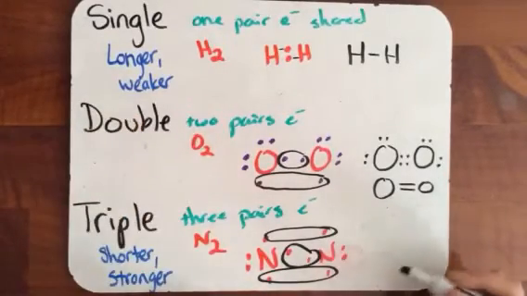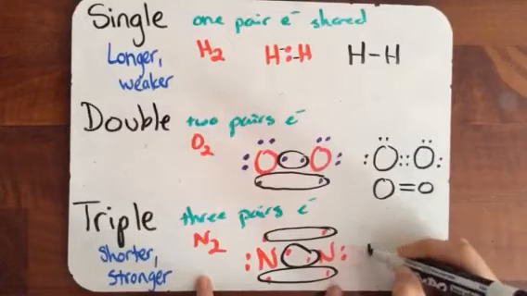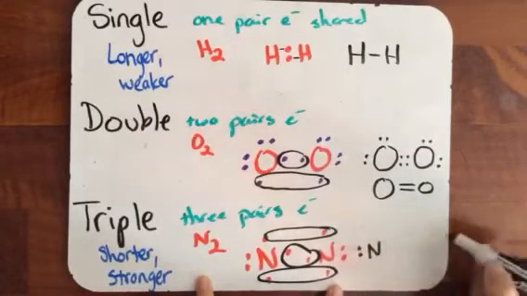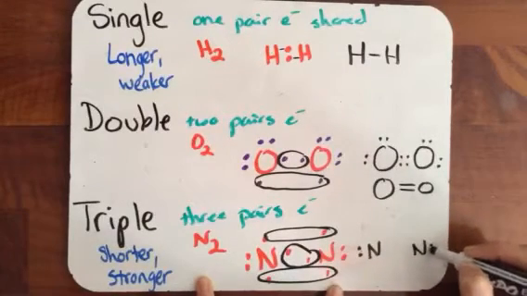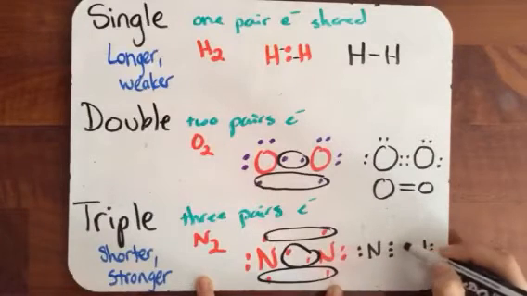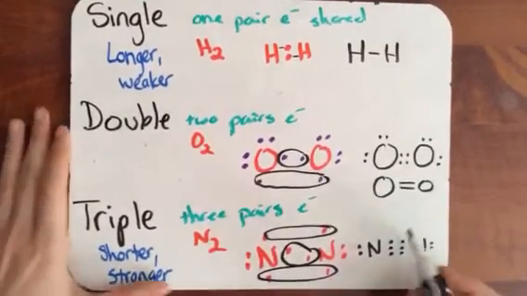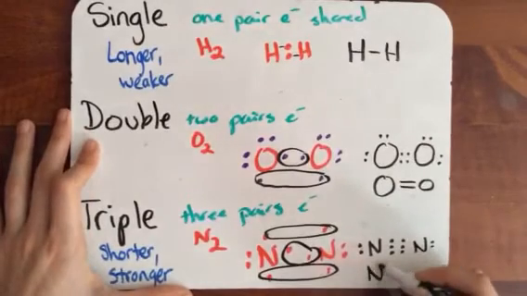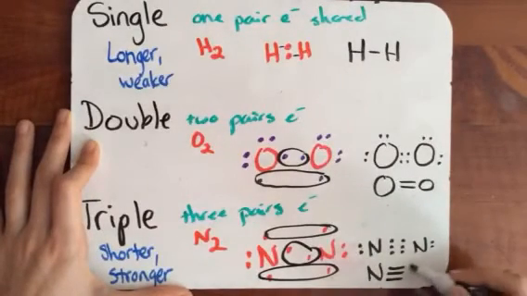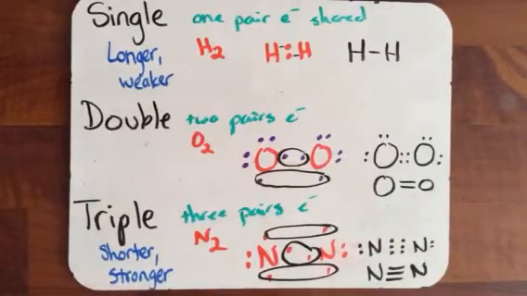Now, if I was going to show you the Lewis dot structure for the nitrogens, it would look like this. So these 2 nitrogen atoms are sharing 3 pairs of electrons. And again, if you were just going to do it with the lines, you would show 3 lines.